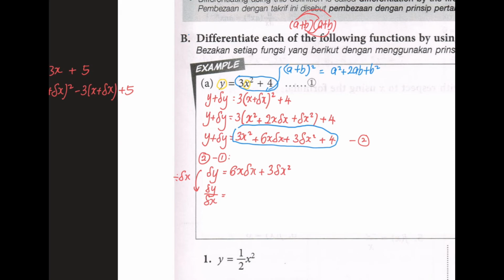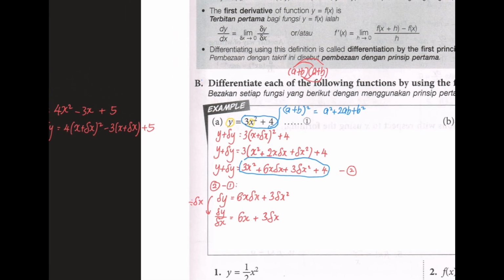On the right, 6x delta x divided by delta x, only 6x remains. 3 delta x squared divided by delta x, then we have 3 delta x. So we get delta y over delta x by dividing.